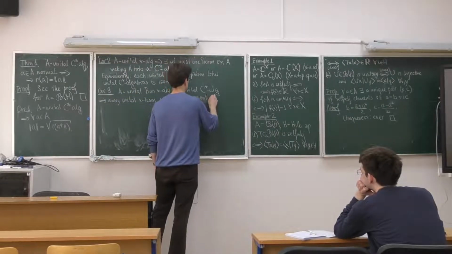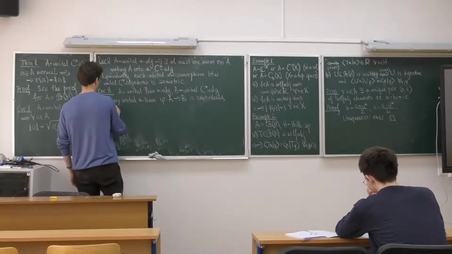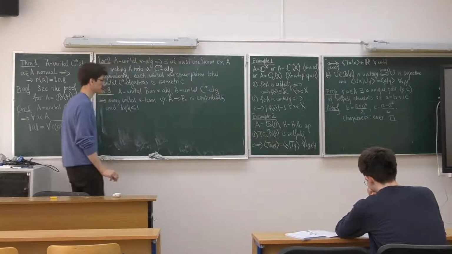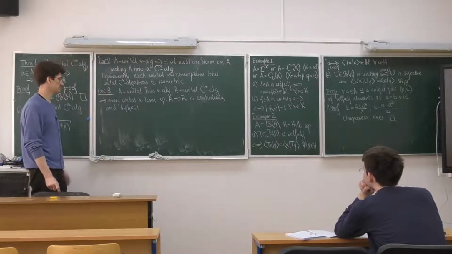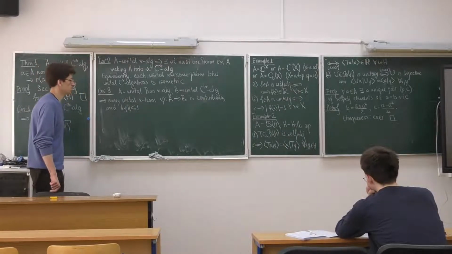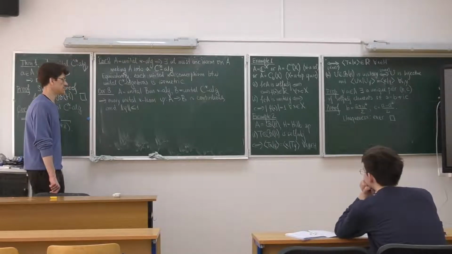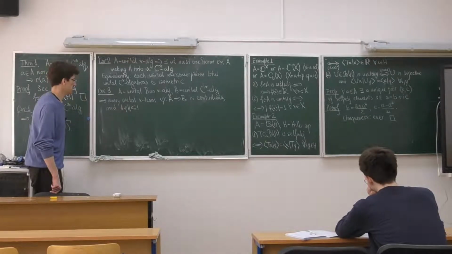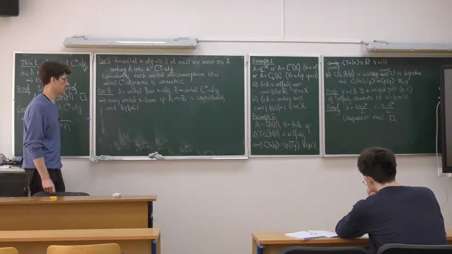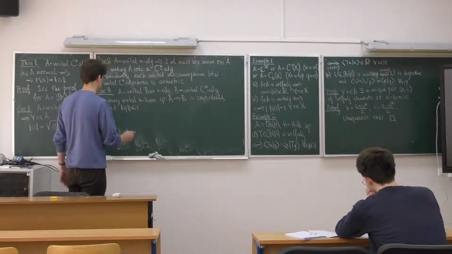It's continuous, and moreover, the norm of phi is less than or equal to 1. So this is another automatic continuity result. We already know that all characters of a unital Banach algebra are continuous and satisfy this condition. And now we see that all unital star homomorphisms from a Banach star algebra to a C-star algebra are also continuous.